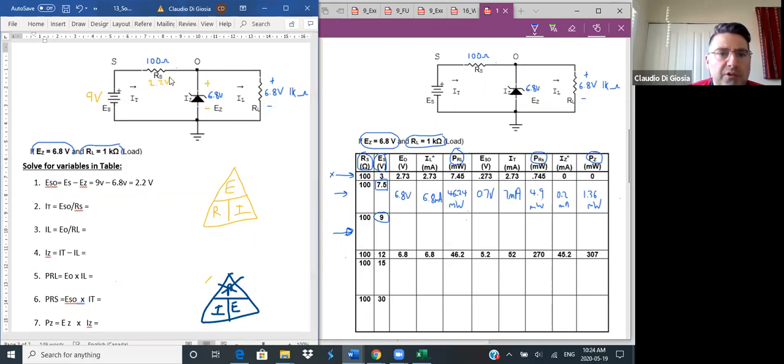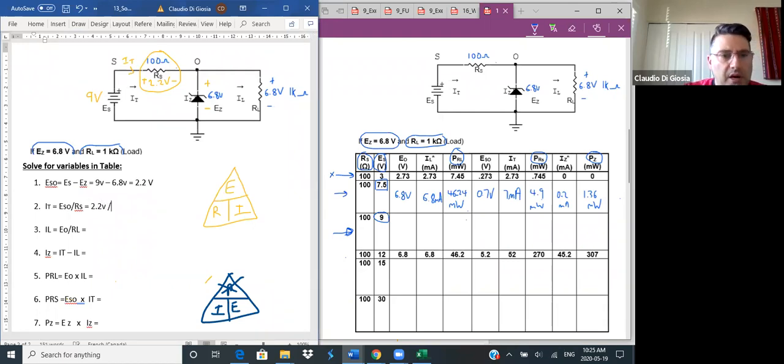And you know that since you have 2 variables now, the 2.2 volts here, and you have the 100 ohm, I could get the next variable, which is IT. So I've got the voltage, and I've got the resistor value. I'll just plug in the numbers. ESO, well, we'll just solve for that, 2.2 volts.